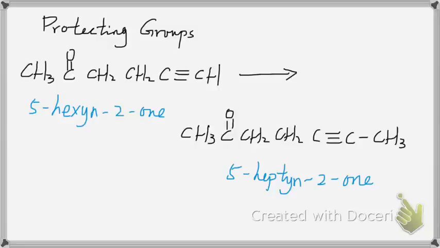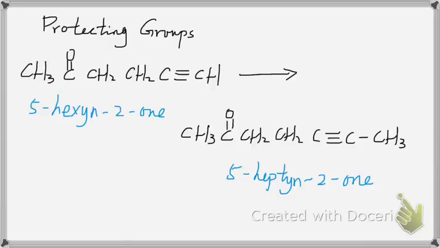Now, if you look at this conversion, basically we have added one methyl group to the terminal triple bond, right? So from chapter 7, the chapter on alkynes, we've learned this reaction. It's the alkylation reaction to prepare alkynes.